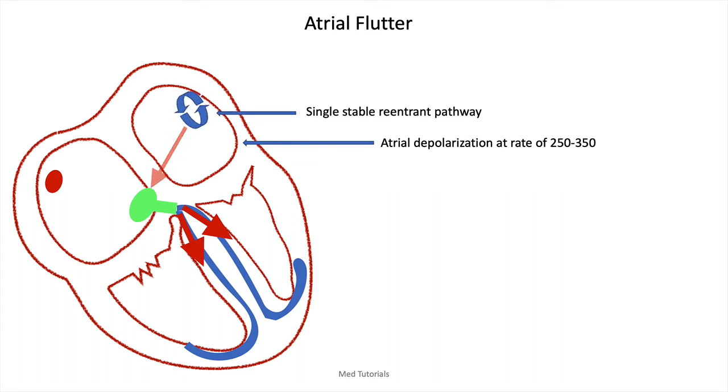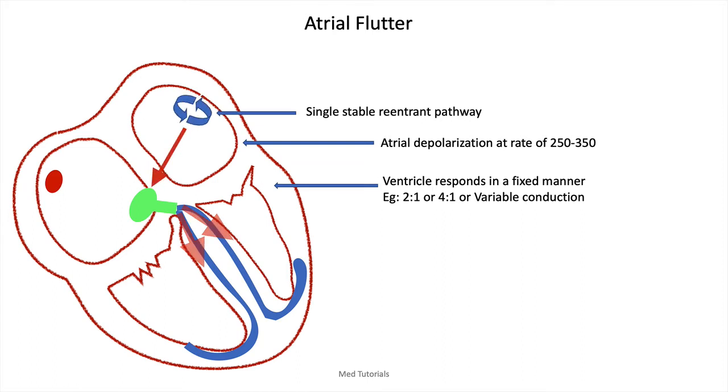Now the atria depolarizes at a very fast rate, but the ventricle responds in a fixed manner. What that means is that not all these beats from the atria are conducted into the ventricles. That's what we call a response in a fixed manner.